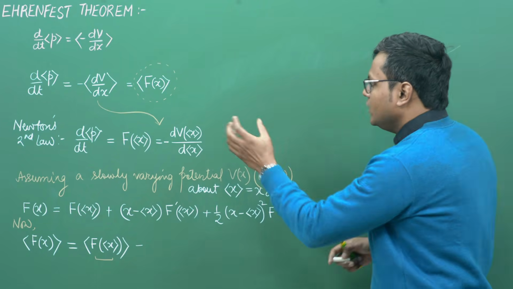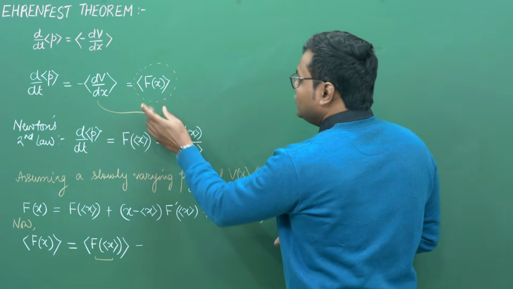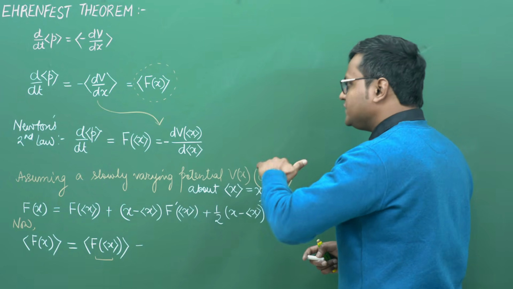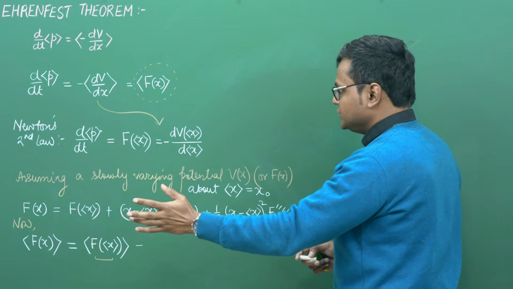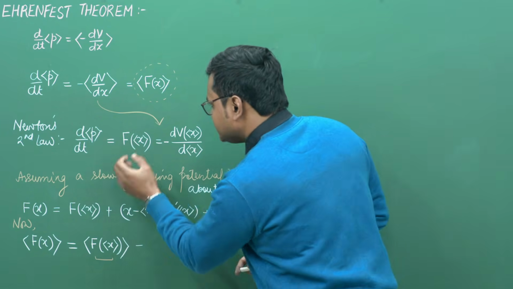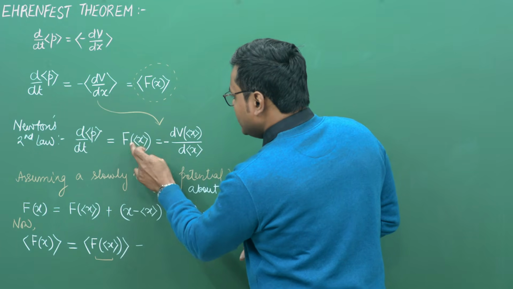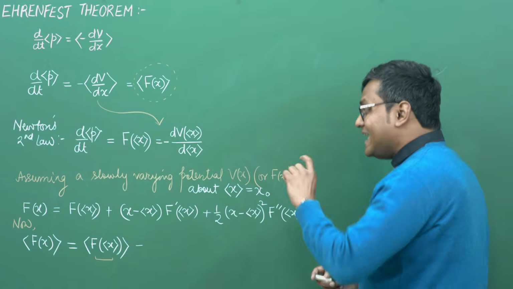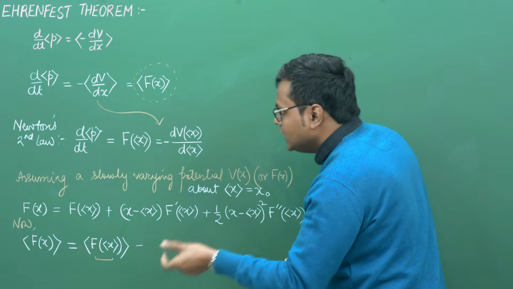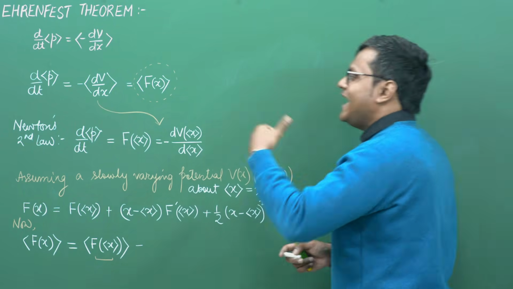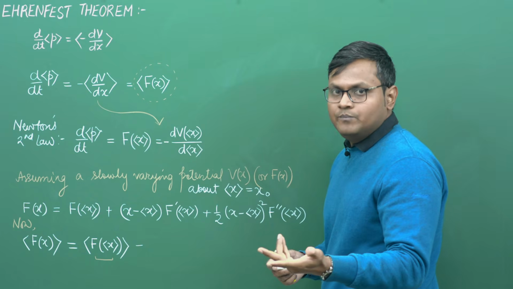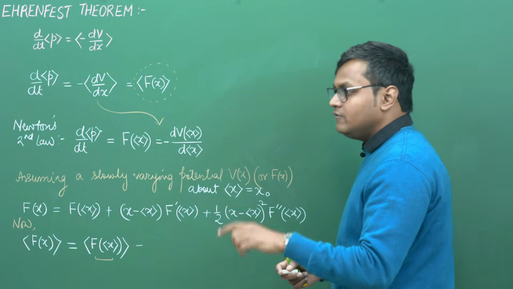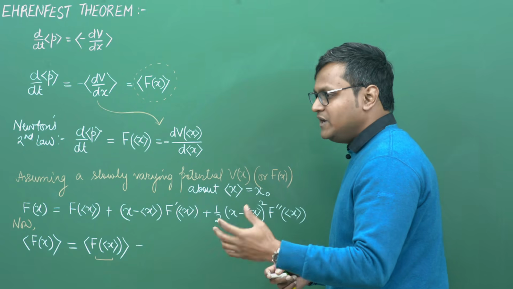The force experienced by the particle at x naught is just a number, a constant, because at a given location for one system, the particle cannot experience multiple forces.